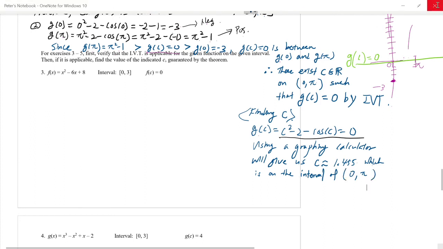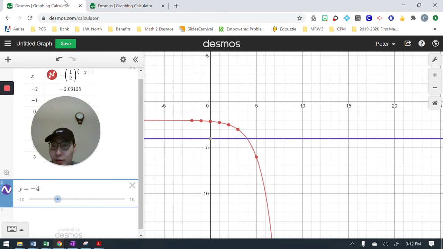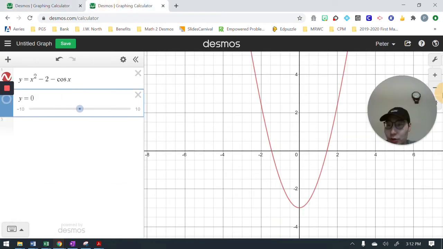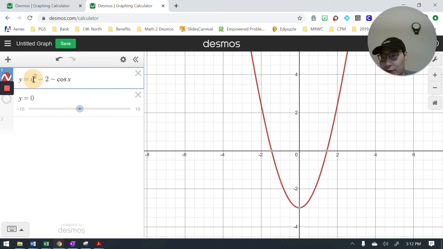So what I did was, again, draw this out: y equals x squared minus 2 minus cosine x. That's my function. Instead of theta, I use x, but it's really interchangeable. I could have used p, I could have used k. It's basically the same function, I just use a different variable.